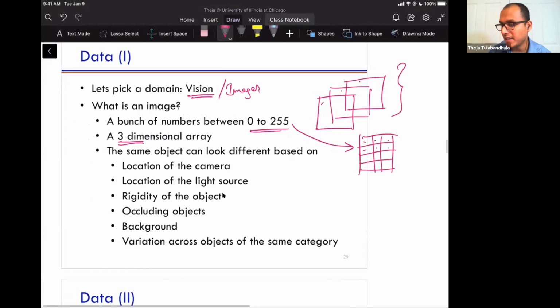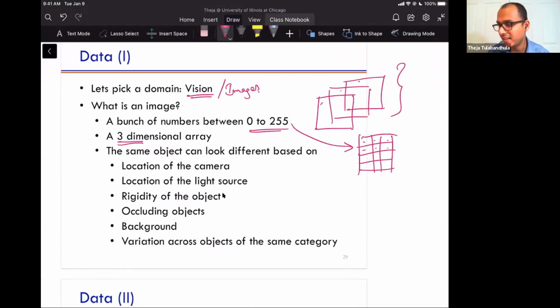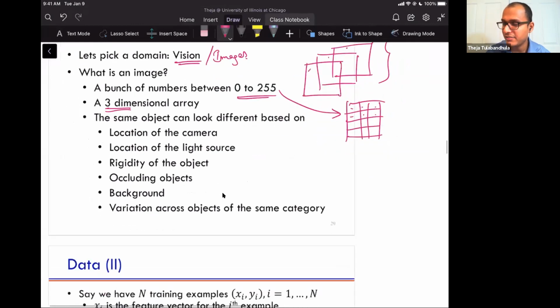And some of the peculiarities or characteristics of such data is that for the same object which is captured in the image, there can be so many different measurements, right? So the image can look different based on the location of the camera, the location of the light source which is illuminating the object, whether the object is rigid or not.